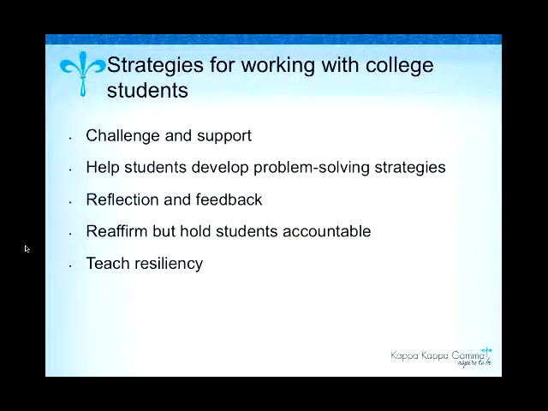Problem solving strategies. So anything you can do as advisors to help students develop problem solving strategies. I think this is an area that we all probably can continue to learn different ways to address problems and to recognize that not everything is going to be taken care of really easily, and not everything's a simple solution.